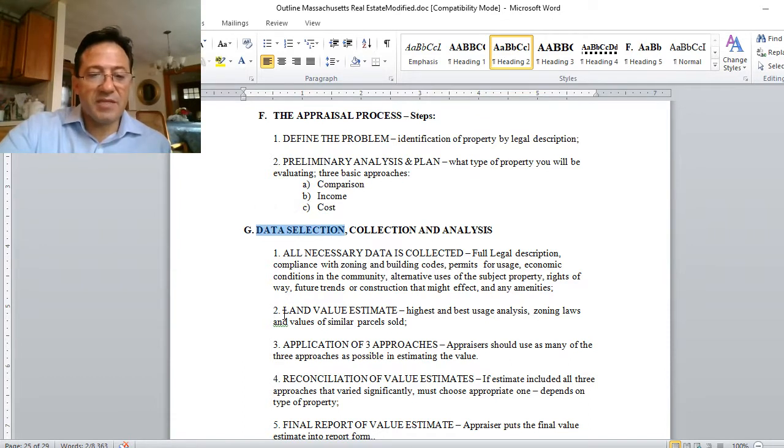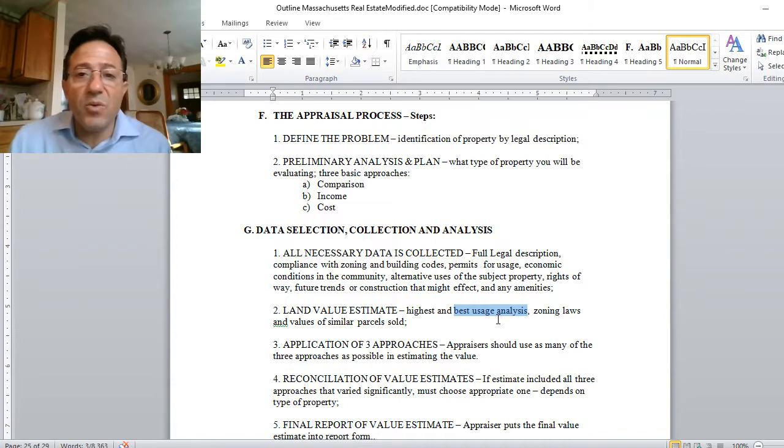Then we move on to the next one, which is land value estimate. And that's the highest and best use analysis, okay? Zoning laws and values of similar parcels sold. So they're going to look at the land itself and place a value on the parcel of land where the building sits.